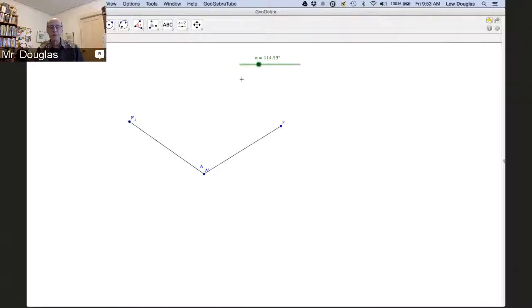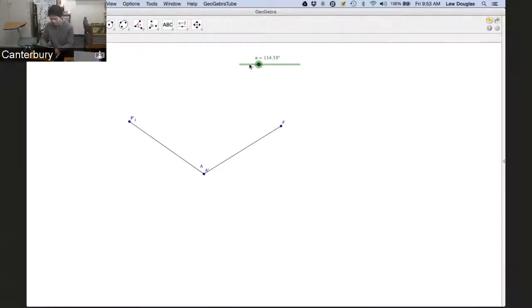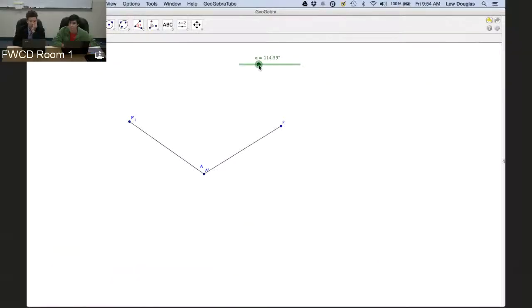Why is it not doing it? I don't know why it's not doing it. It did it when I did it last time. Walter, do you have a clue? Let me try building it, I guess. Mine's working.